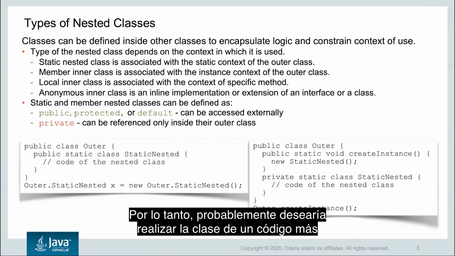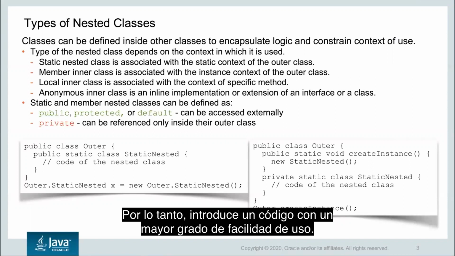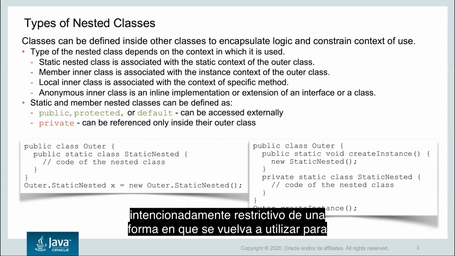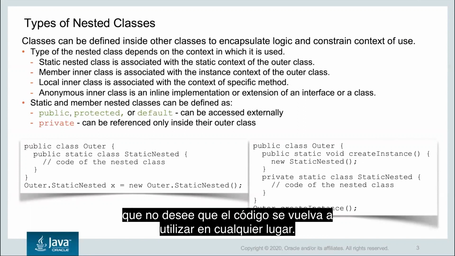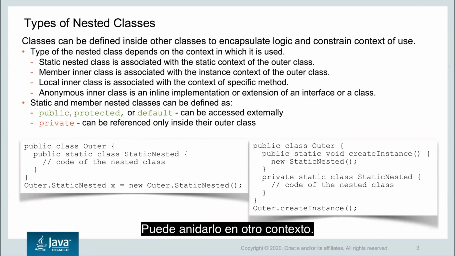Usually you would like to introduce code with a greater degree of reusability. But occasionally you may wish to design some code that is intentionally restrictive in the way it is reused. So you don't want the code to be reused everywhere. You want a particular class to only be used in a certain context, and that's where you can nest it in another context.